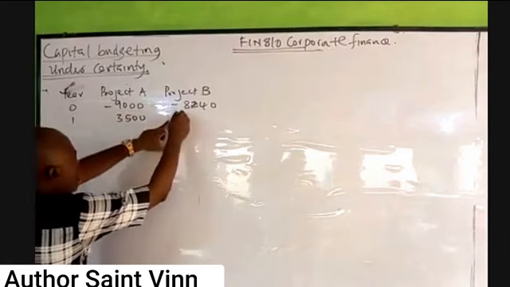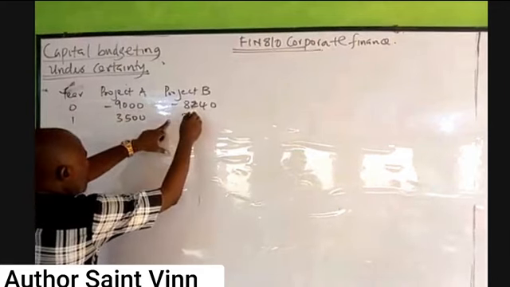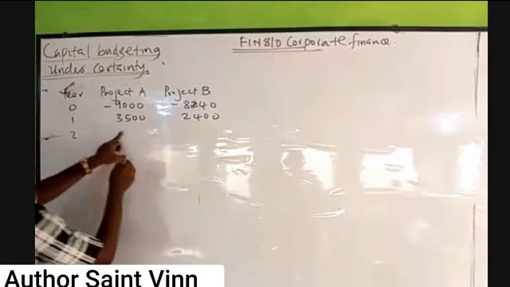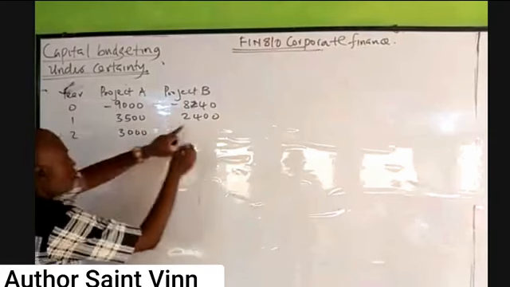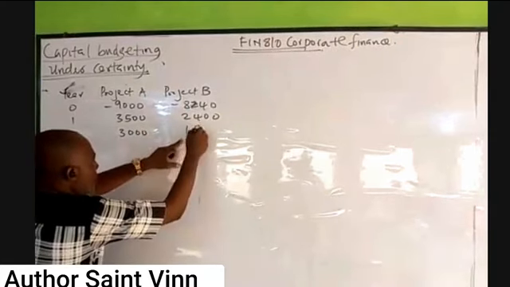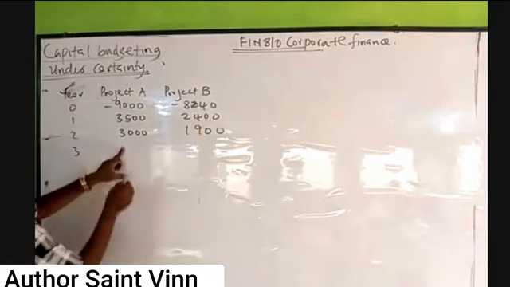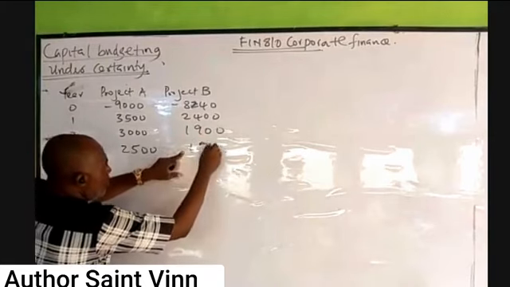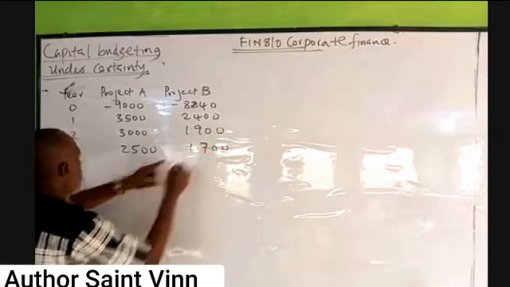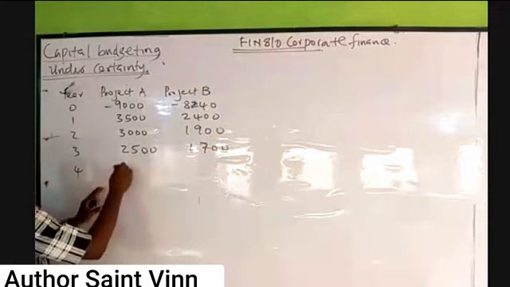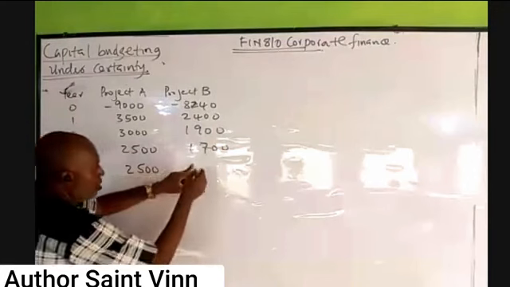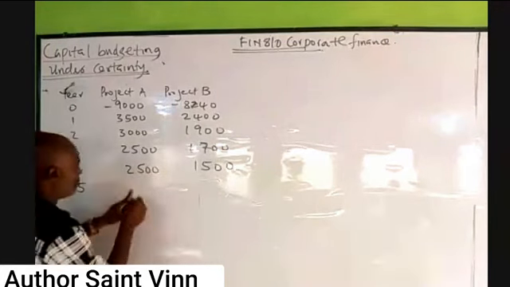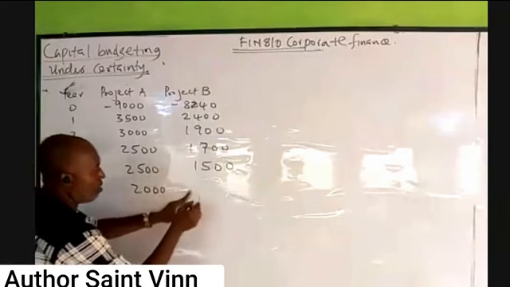Second one, 2,400. Year 2, year 3, and year 4. Is that all? Oh, yeah, now. The last one here.